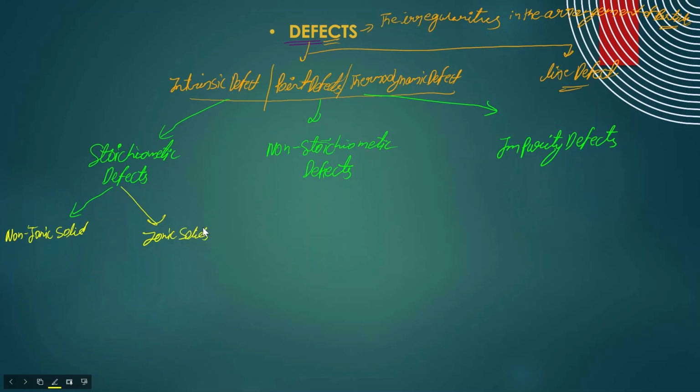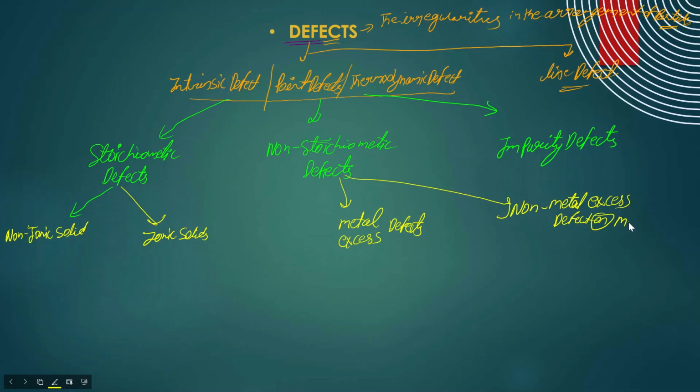Okay, and here non-stoichiometric defect: metal excess defect and non-metal excess defect, or you can say metal deficient defect.